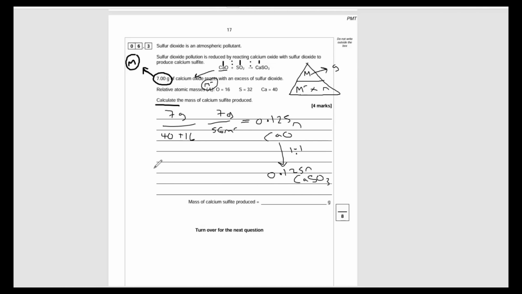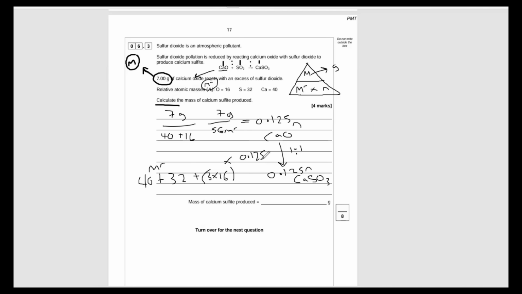So I'm going to do my Mr of calcium sulfite, which is 40 plus 32 plus 3 times 16. And we're going to times that by 0.125.